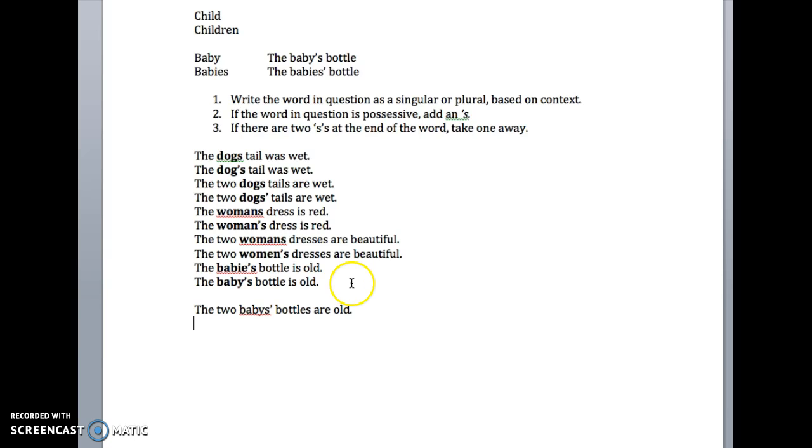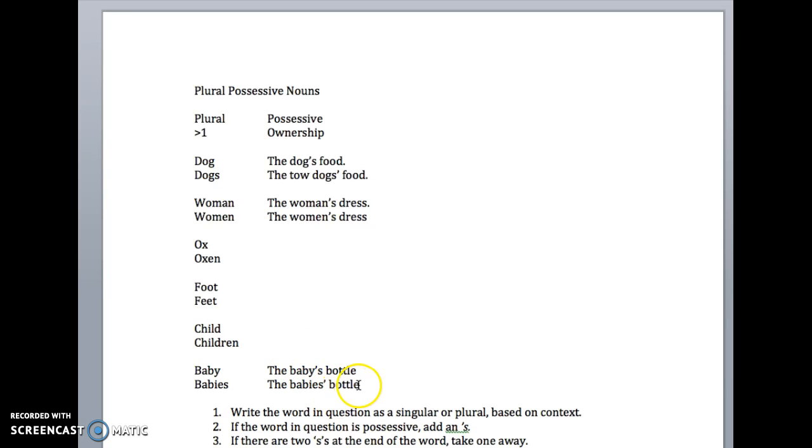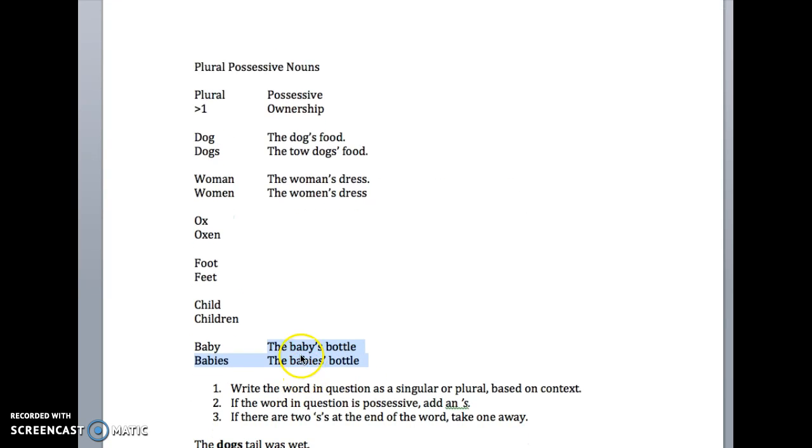Okay, so let's take the word in question and rewrite it as the plural. The plural for babies is that. Two babies. Okay, but then we need to add the apostrophe s if it's possessive, which it is. And if we have two S's at the end, which we do, take one away. And we have our answer. That's why that one's not being auto-corrected by Word.